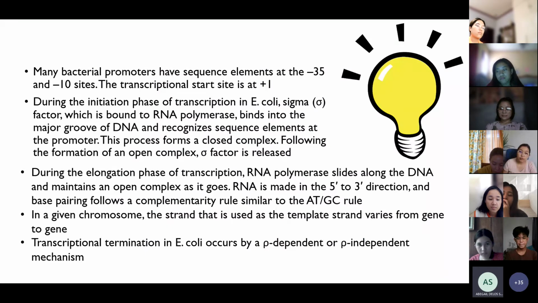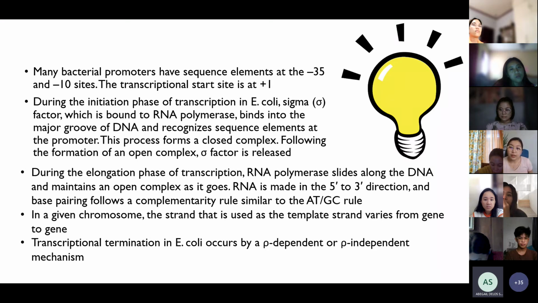So reminders, or what we need to take away: many bacterial promoters have sequence elements at -35 to -10 sites, and the transcriptional start site would always be at +1. During the initiation phase of transcription in E. coli, we have your sigma factor, which is bound to our polymerase, that can bind to the groove of the DNA to recognize our sequence elements.